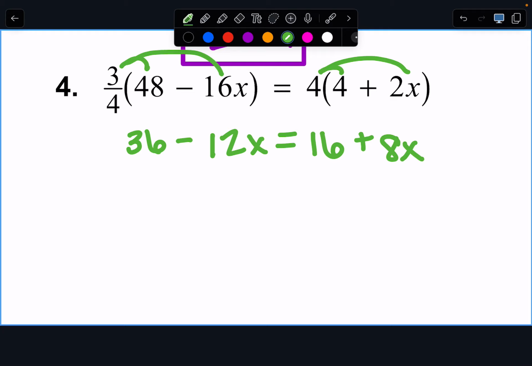Balance your equation. No matter which way you go, you're going to get the same answer.